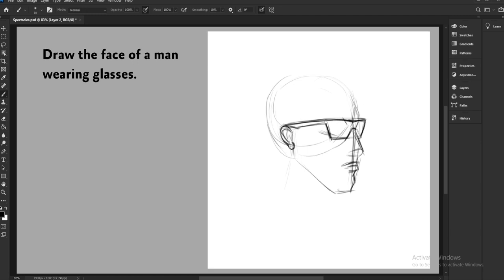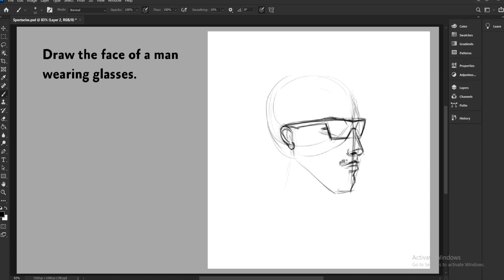So now you see we have that structure, and here we can give light indication of the eyes and the eyebrows. Okay, then the nose, the structure of the nose.